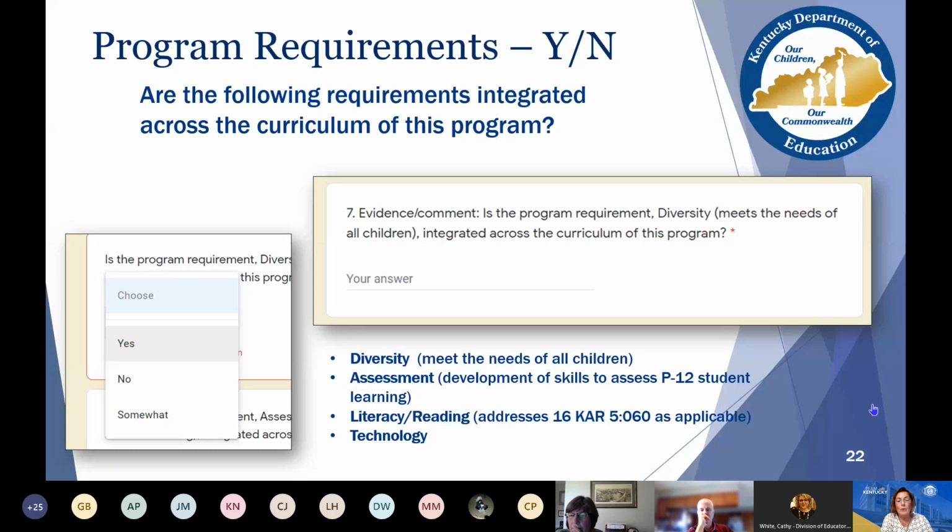The literacy reading requirement, as you can see, we've listed a Kentucky regulation there, 5060. It says that it's not just elementary teachers that need to know how to teach literacy and reading, that middle school and secondary teachers must as well. So one of the things that you must review as you're looking through the courses across your content area, especially in the middle and secondary areas, is where are they picking up on the literacy and reading skills that are needed for our learners.